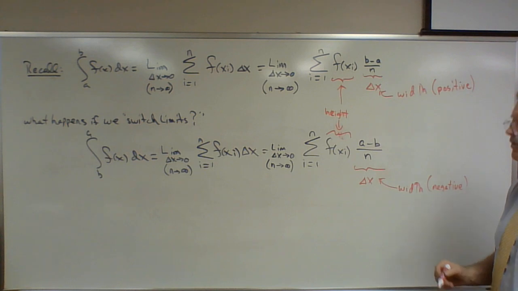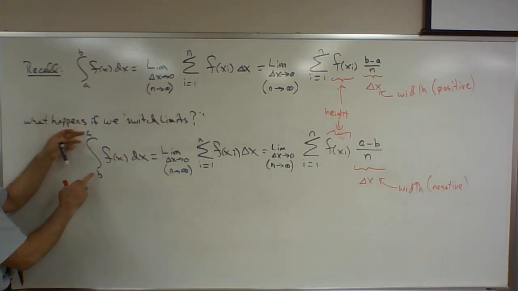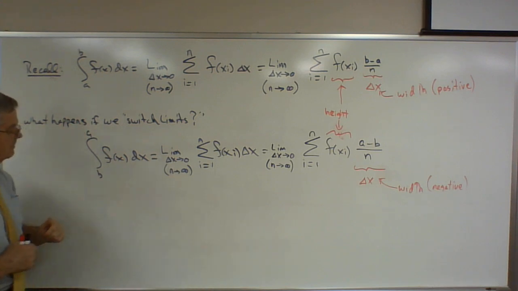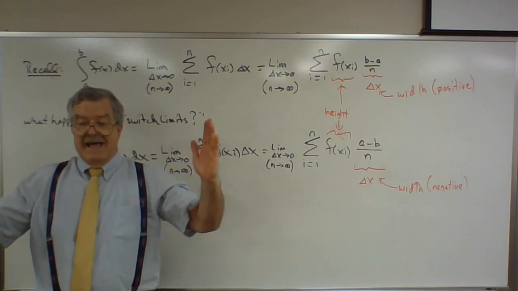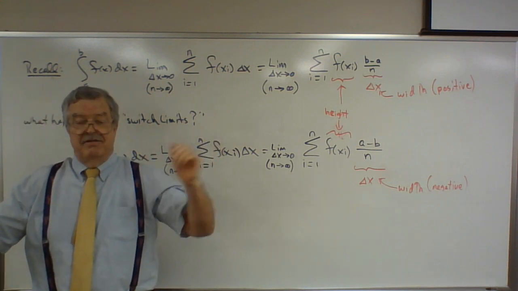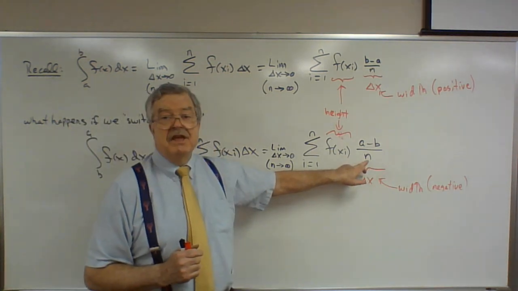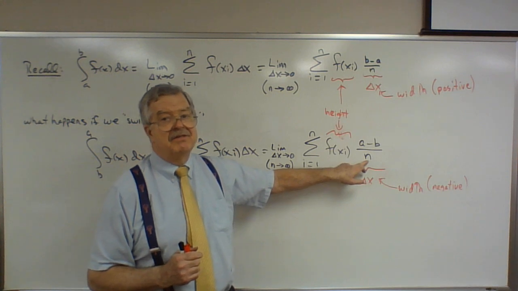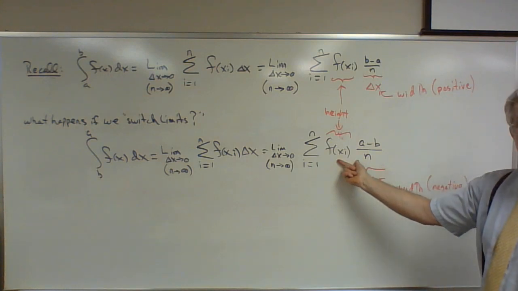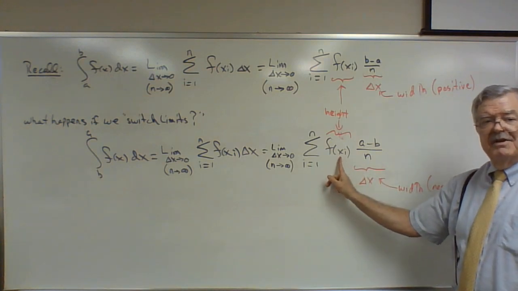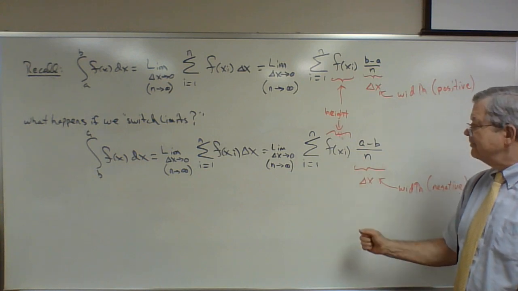See, when we switch the limits of integration around and put the smaller one on top and the larger one on the bottom, we're taking an interval from b to a that has negative length, and we're dividing it up into n subintervals, each one of which has negative length. And what is this whole thing right here? It's the height of the ith rectangle times the width of the ith rectangle.